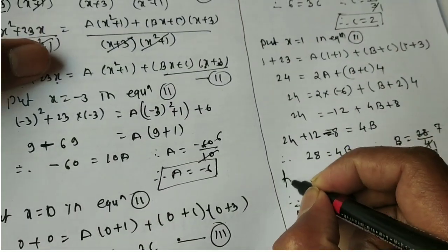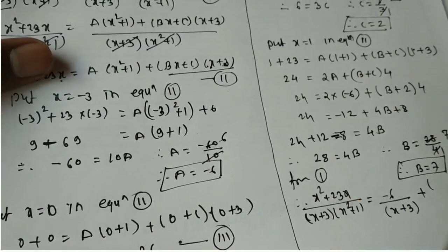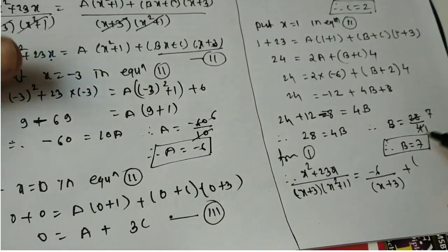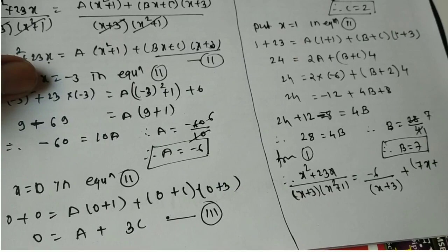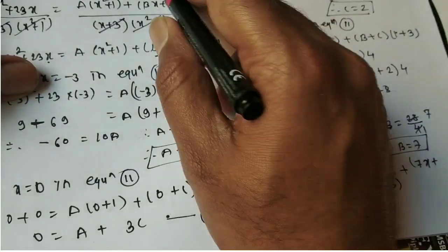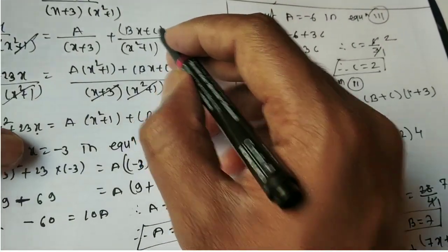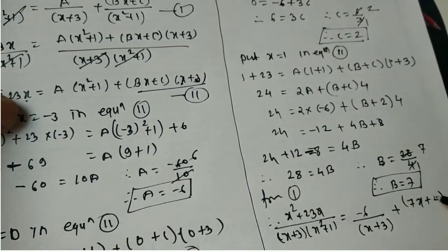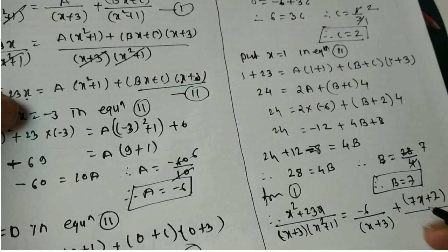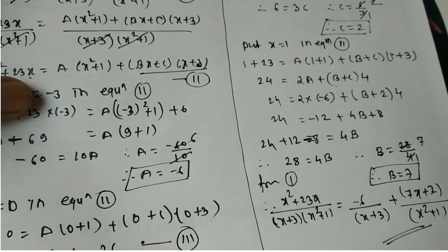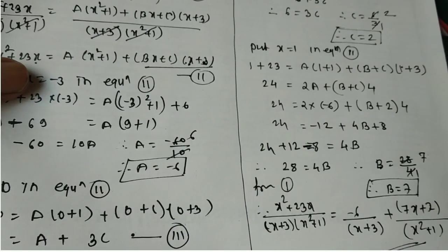So इधर मैं लिख रहा हूँ from first. क्यों? क्योंकि फर्स्ट में रिप्लेस कर रहा हूँ मैं. b कितना आया था? b I got 7. So 7x plus what is c? c is 2. So c का भी वैल्यू पुट कर दो. So c का वैल्यू इधर 2 पुट करना पड़ेगा. So 7x plus 2 divided by x square plus 1. So this is the final answer for this problem.